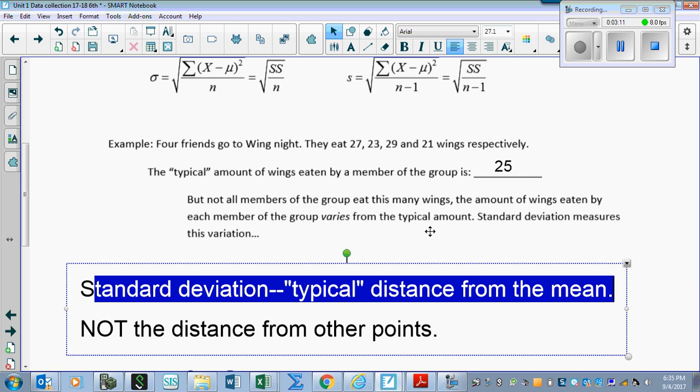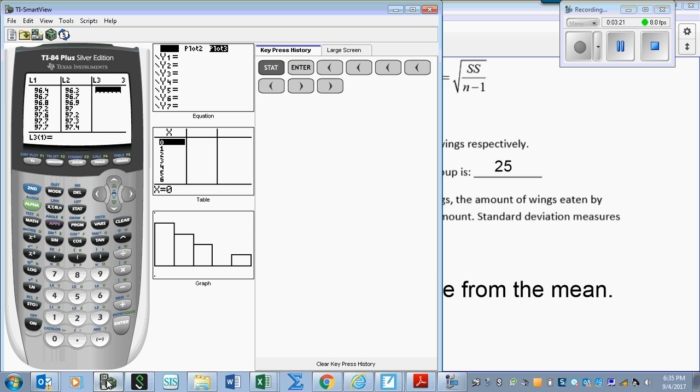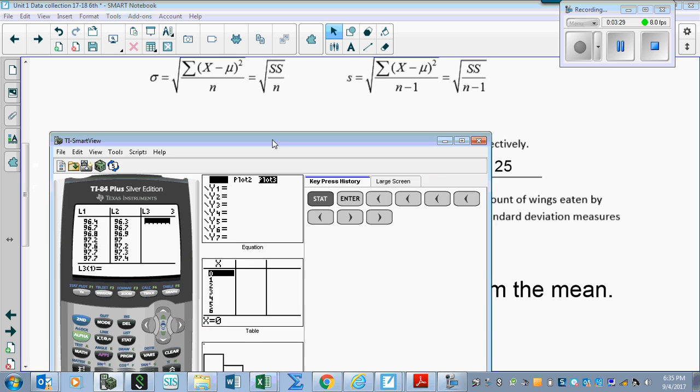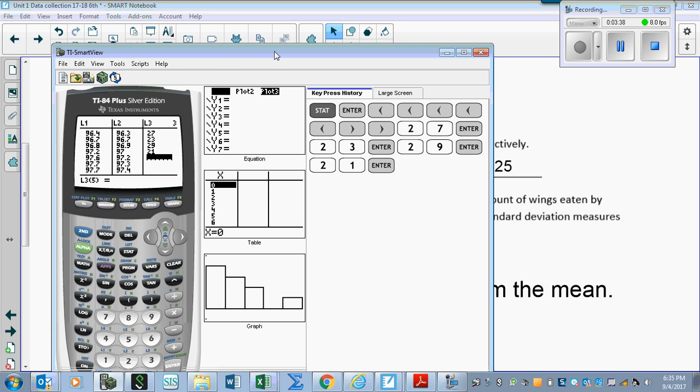To calculate this, we're going to use our calculators a lot this year, and we'll have some new functions that you might not have learned. We're going to be working with lists a lot. On your TI, we're going to put those numbers of wings into the calculator: 27, 23, 29, 21. To get to the list, we do stat edit.